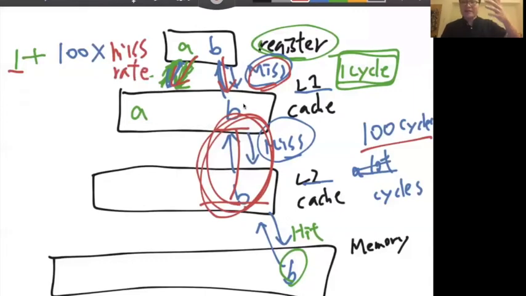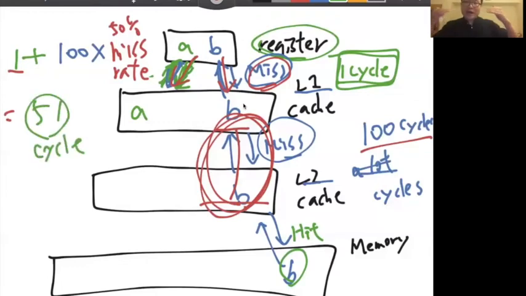If I try 10 instructions and I miss 5 of them, then for these 5 instructions I need an extra 100 cycles each. So on average, if the miss rate is 50%, it will be 1 plus 100 times 50%, which is 51. Each instruction needs 51 cycles on average, because you use 5 cycles to deal with 5 instructions, but another 505 cycles to deal with the other 5.